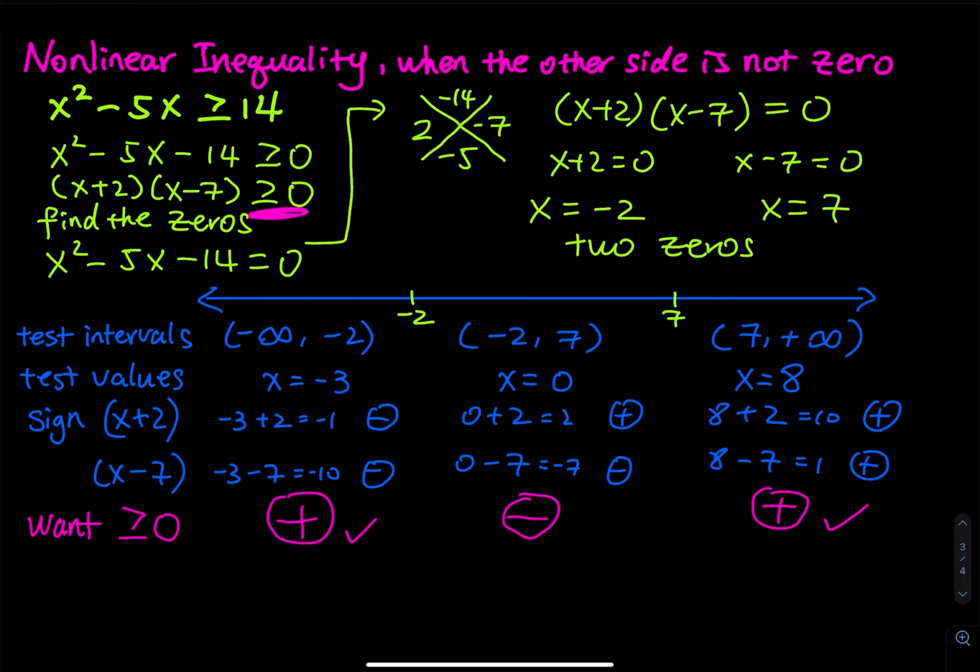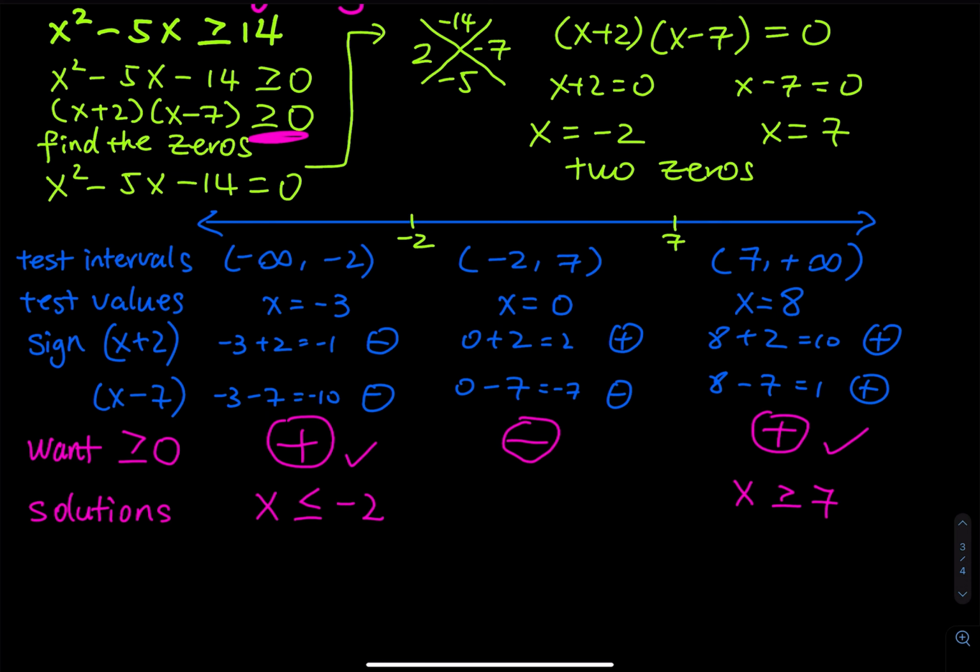So the solutions are, so here is the solution. The first one is x less than or equal to negative 2, and then the other one is x greater than or equal to 7. You see that? So this is x less than or equal to negative 2, so that corresponds to this line. I can draw that line for you as well.